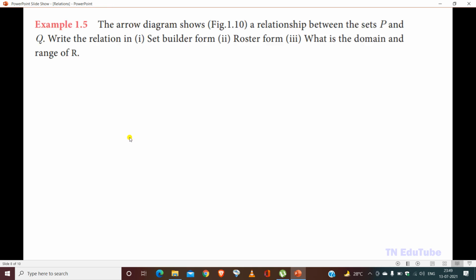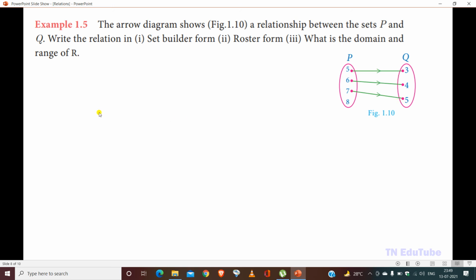Okay, children. The next example: the arrow diagram shows the relationship between sets P and Q. Write the relation in set builder form, roster form, and what is the domain and range. See the diagram. Here 5, 6, 7 is related with 3, 4, 5.